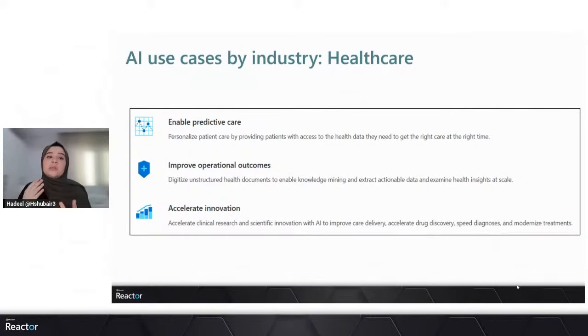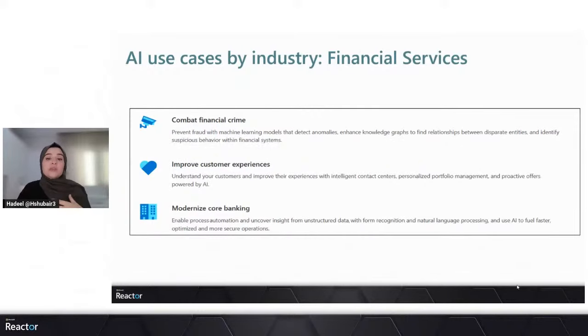So really, there are several use cases that you could think of when it comes to each and every industry. Now, when it comes to the financial services industry, how is AI being applied there? AI and machine learning models are used to detect unusual patterns or anomalies, so anything that could be suspicious behavior within financial systems, AI could be used to detect that.